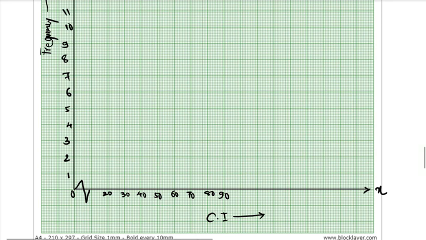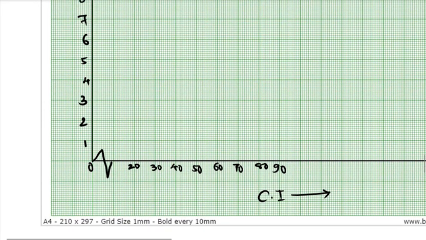I'm just going to zoom in so that I can see everything clearly. So I'm going to draw my line from here, this point. Take this line up to point 4.